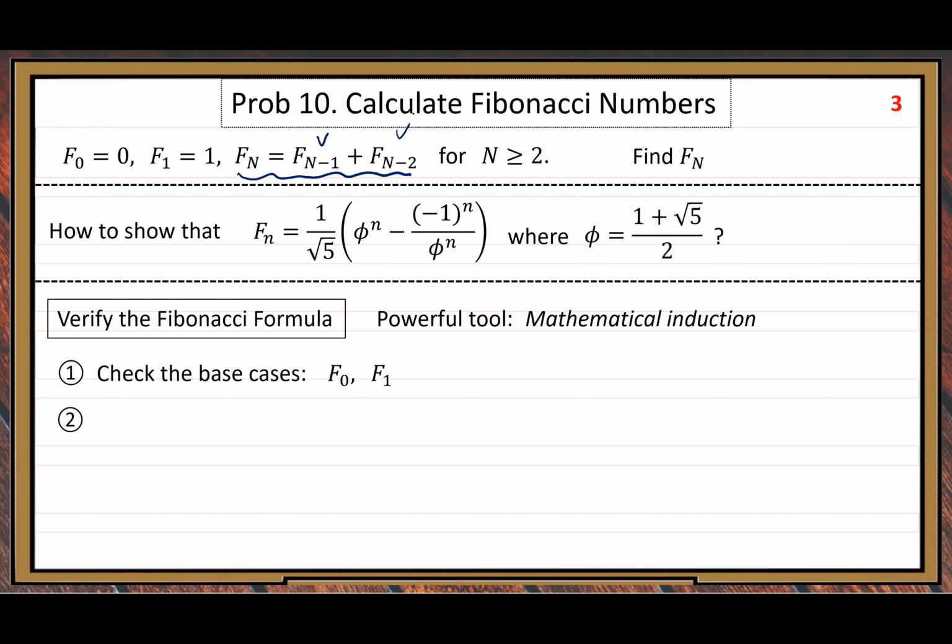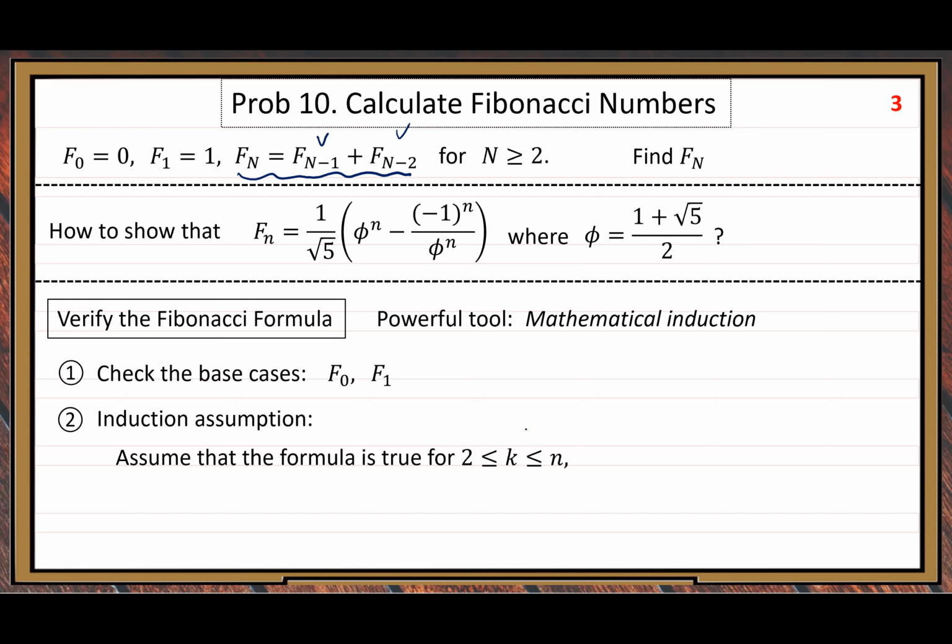That is the mathematical induction. Make an assumption, sorry, not induction, the induction assumption. So what is the induction assumption? We write it in this way. Assume that the formula is true for 2 less than or equal to k less than or equal to n.